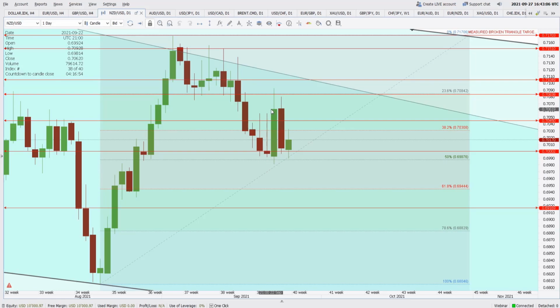But after that, the next day the price opened almost at the closing and made a low which was around 0.7000. So after making that low, the price opened lower and closed higher. Not closed yet, actually, it is trading higher.